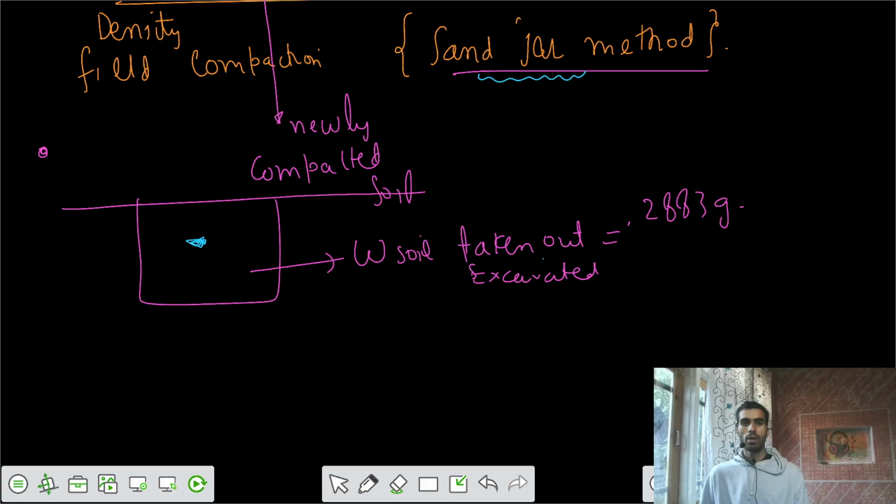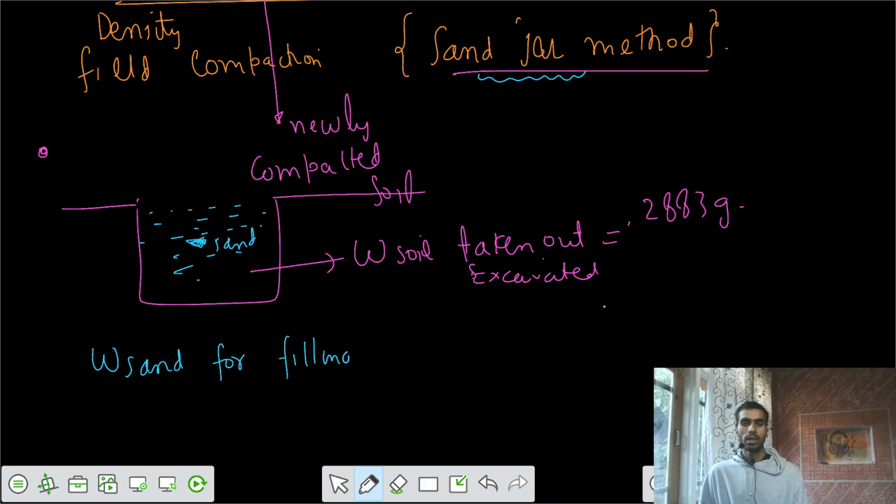Now we are going to replace this soil, because there is an excavated area, there is no soil in that particular part of that field. So here we have this empty area. So we need to fill it with sand now, based on the sand jar method. Let's say that we have filled it with sand.